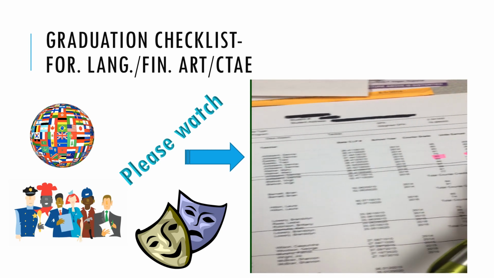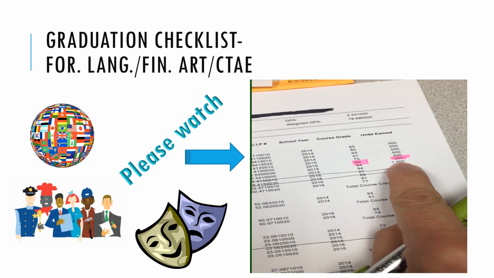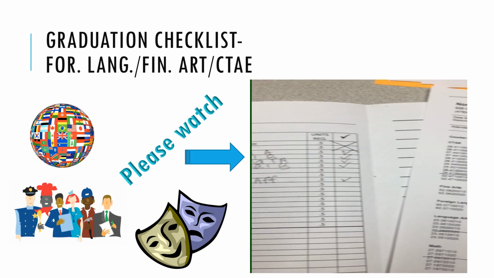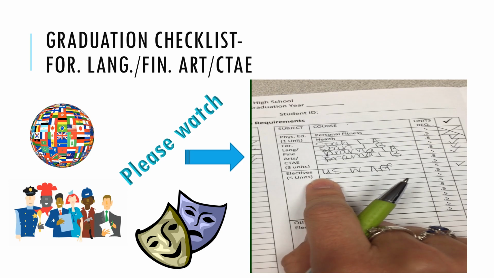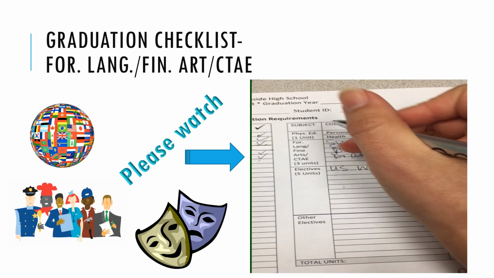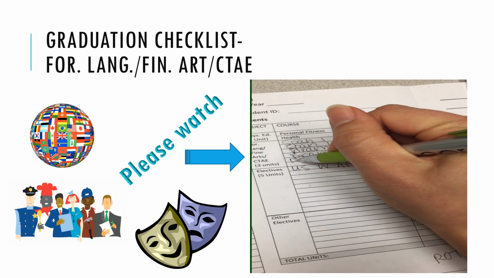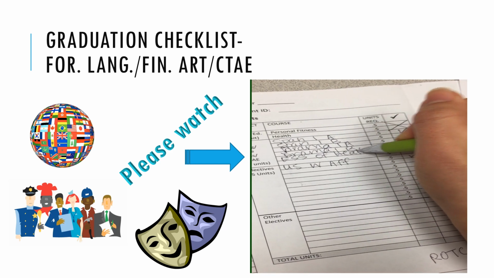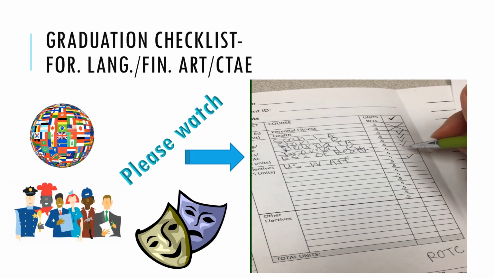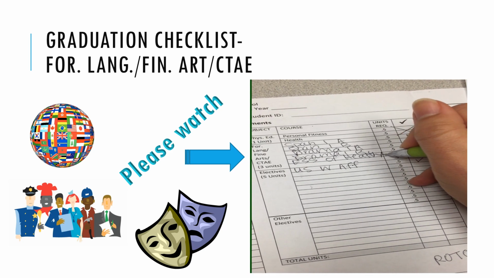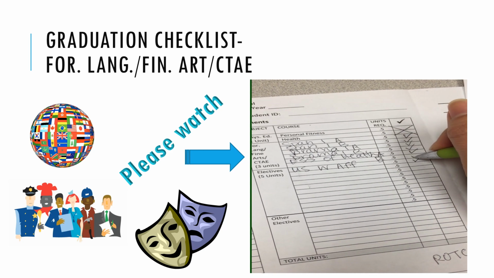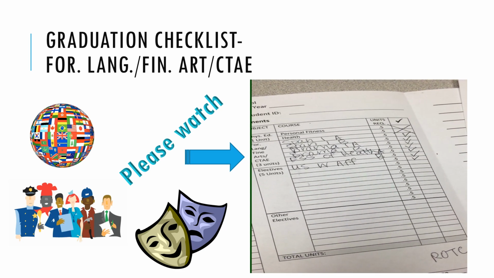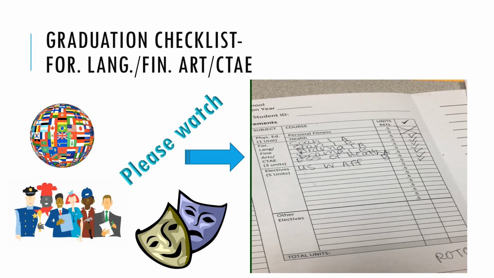Remember that if you have a class that is listed as 1.0 credits, to split them into 2 different boxes on our checklist. So I'll start with that class so you can see. So that's Essentials of Healthcare. And on the transcript it was a 1.0, so I'm going to make it an A and a B and check both boxes. And I will continue with the rest of the CTAE courses.